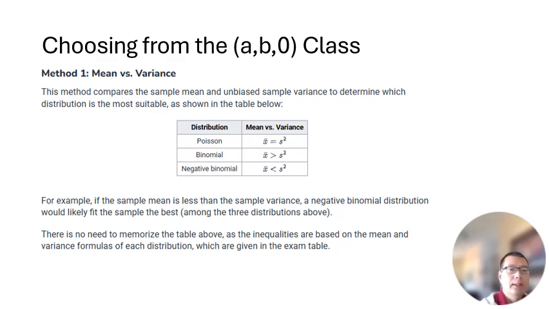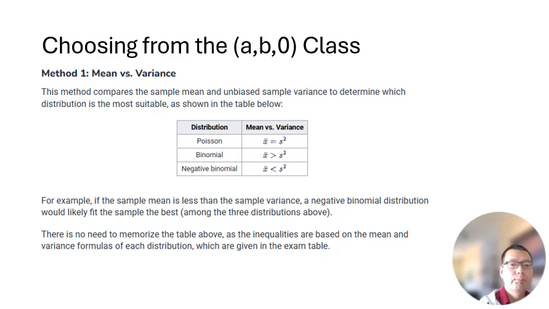Method one is mean versus the variance. This method compares the sample mean and the unbiased sample variance to determine which distribution is the most suitable, as shown in the table below. For Poisson, mean is equal to variance.